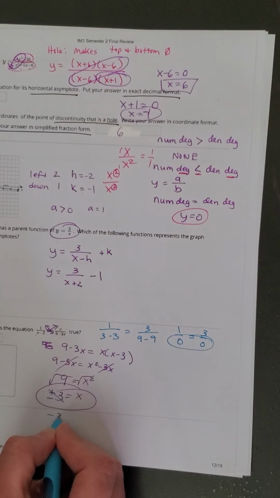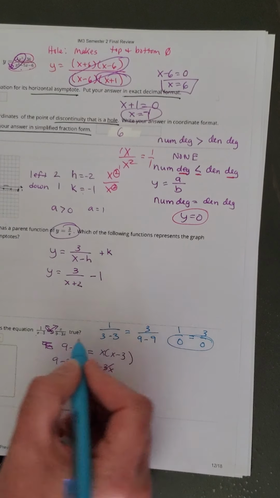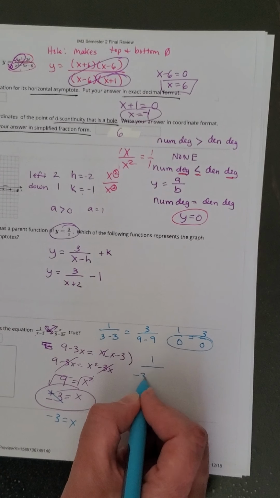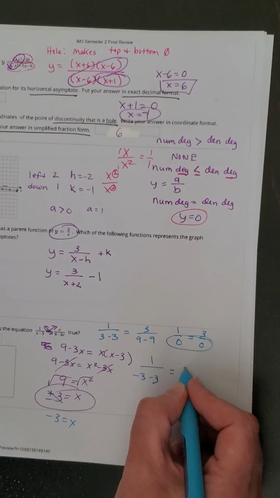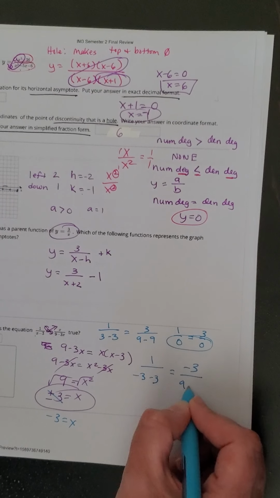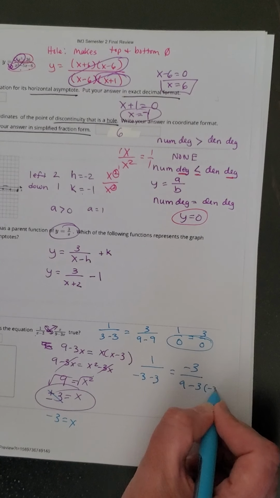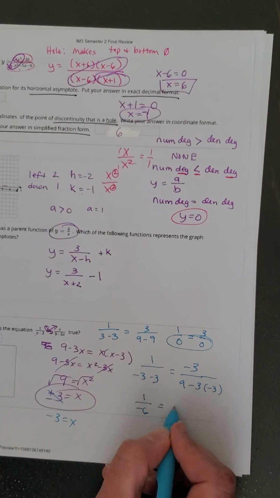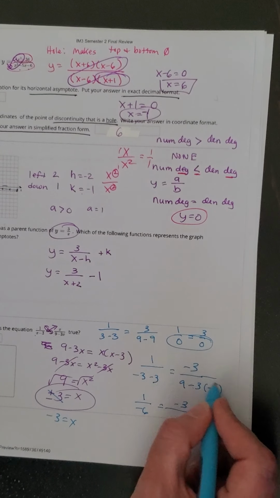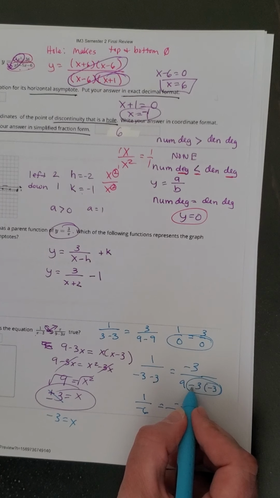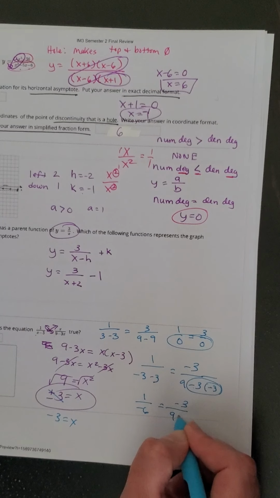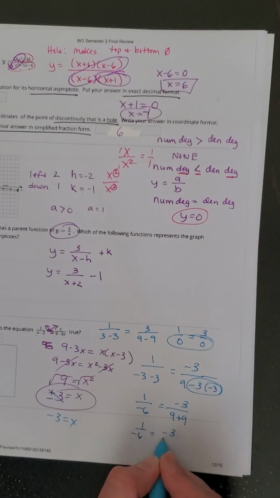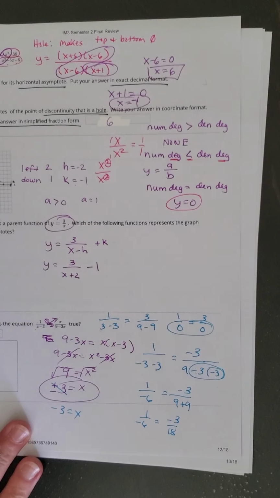So we're going to try negative 3. If I substitute in negative 3, I have 1 over negative 3 minus 3 is equal to negative 3 over 9 minus 3 times negative 3. So this is 1 over negative 6 is equal to negative 3 over, this would be 9 plus 9, which is 18, and that is true.